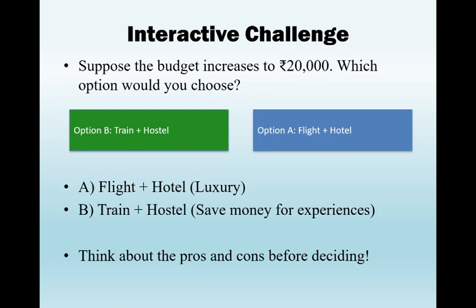After selection, think about the pros and cons, because when you choose option A for luxury, there may be a little amount left for your miscellaneous activities, and when you choose option B, then you save money for your experiences, but the comfort is a little bit less compared to option A.